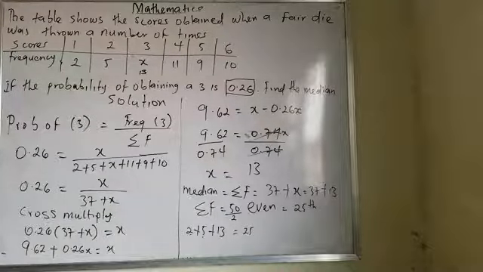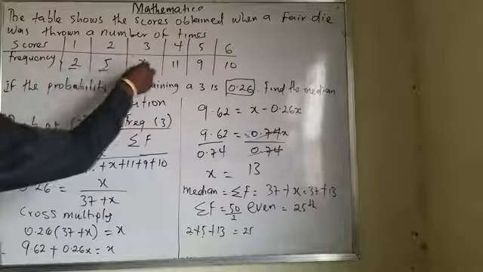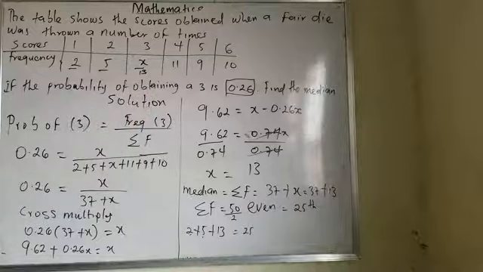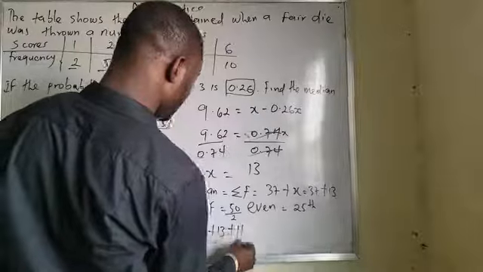And I'm talking about 25. Since I have 25, it means I have first, second, third. It means my median is, it's not up to 25. It means I will be adding plus 11.